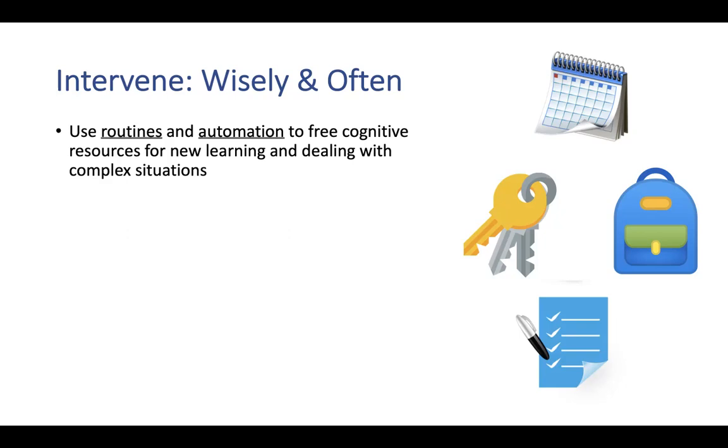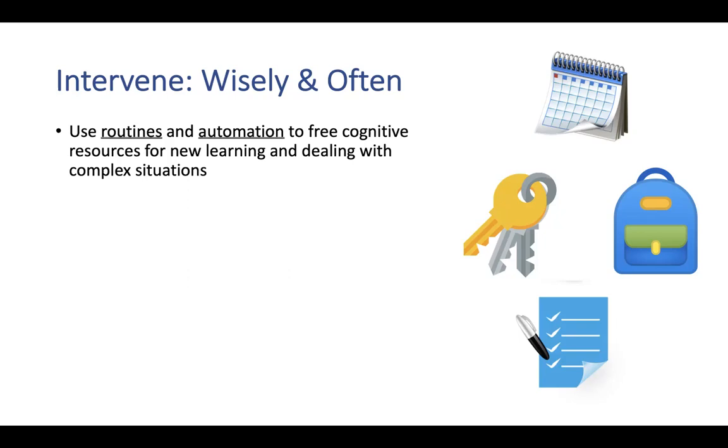They don't take a lot of attention and focused problem solving. Now, my brain's doing all that problem solving, but it's automated. That's a great example of how you want to help systematize and free up resources for your child.